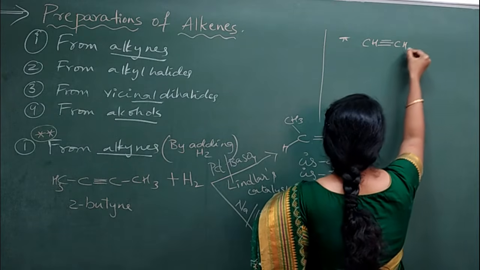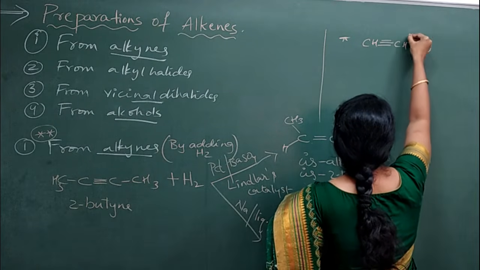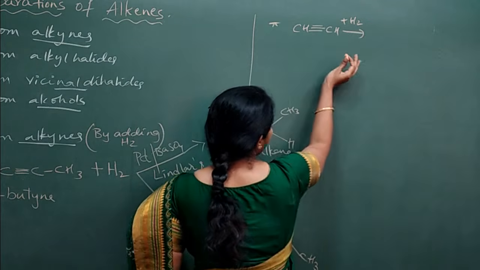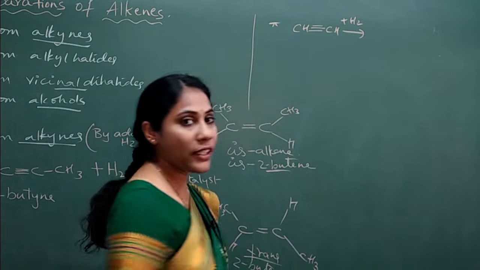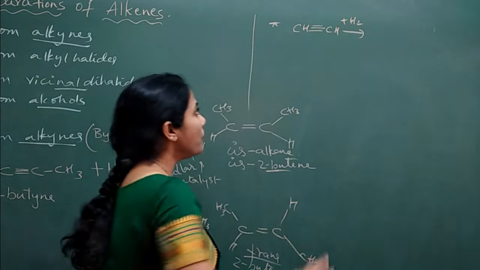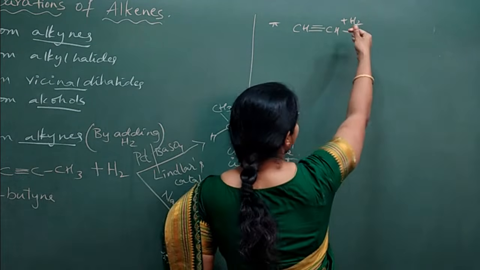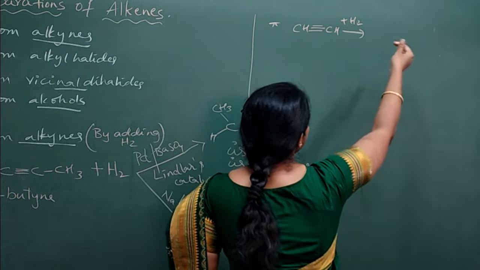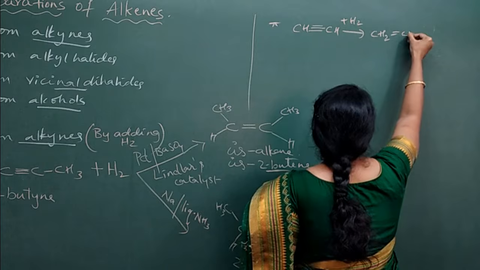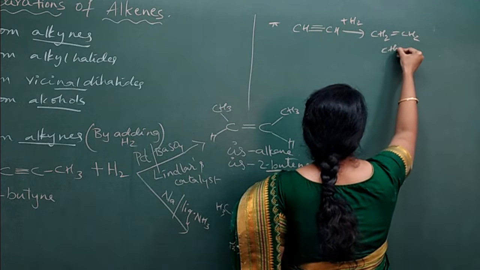For this, if I add hydrogen, what will be the catalyst that you can use? You can use any catalyst here. Whichever catalyst you use, you get the same product. So what is the product you will get? CH2 double bond CH2. Ethene you will get.